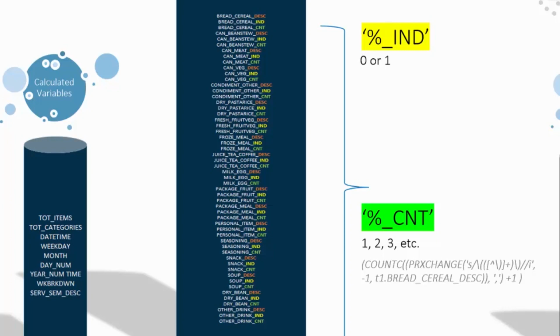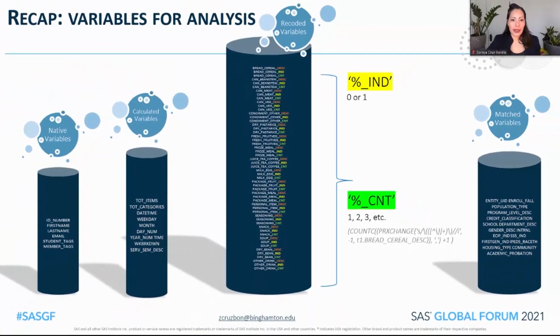It was determined that the PRExchange function was suitable for capturing food items separated by commas. Finally, the last type, matched variables, were linked to institutional records. They constituted all the demographics of interest for fall 2020.